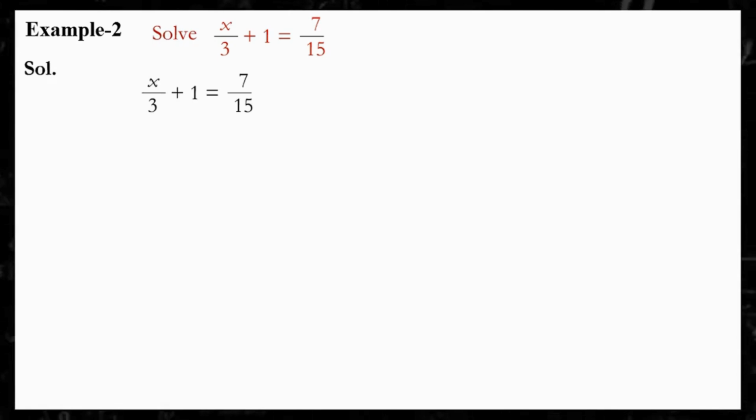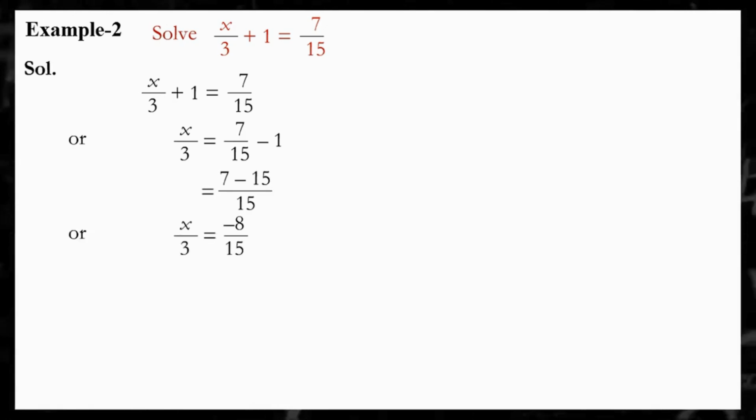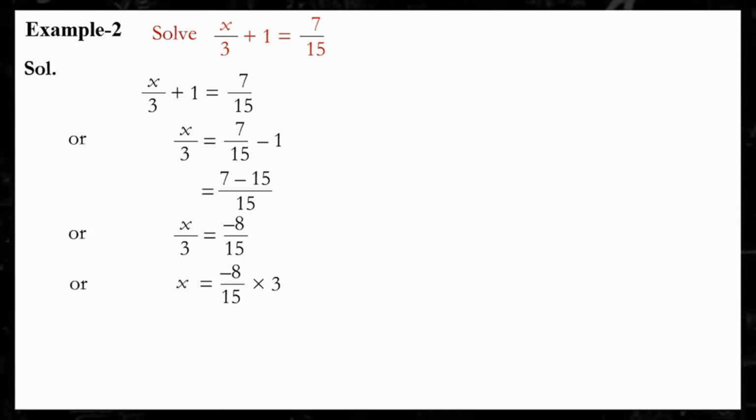Solution: x upon 3 plus 1 is equal to 7 upon 15, or x upon 3 is equal to 7 upon 15 minus 1 is equal to 7 minus 15 upon 15, or x upon 3 is equal to minus 8 upon 15, or x is equal to minus 8 upon 15 multiplied by 3. x is equal to minus 8 upon 5.